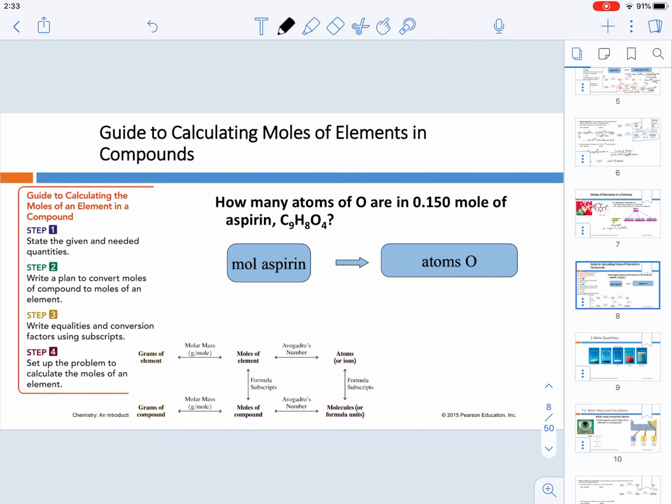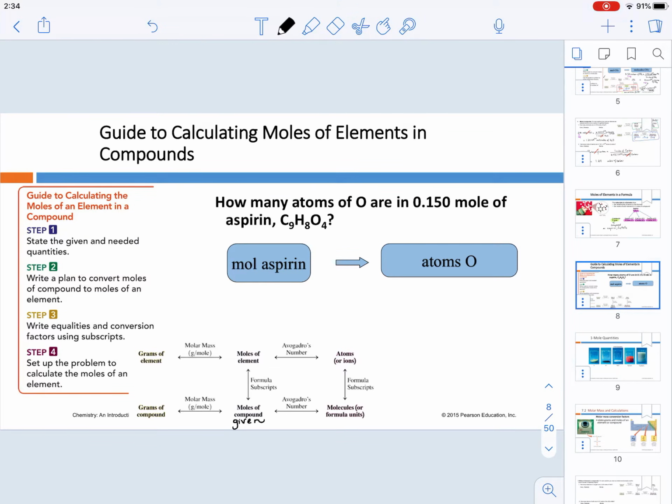Utilizing my flow chart again, I'm going to state what is given and what is needed. The blue boxes illustrate what is given and what is needed, but I'm also going to write it in the flow chart. Moles of compound is what is given.